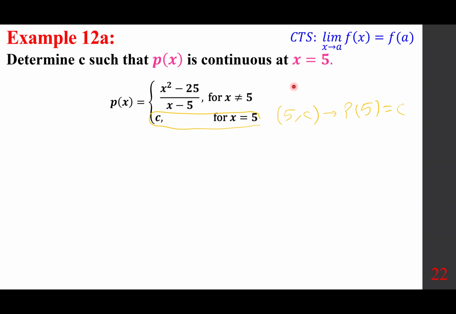Now, because the limit has to be equal to the functional value, this is the functional value. What about the limit? You choose this one because when X is not equal to 5, you have this piece. You're going to take the limit of this function as X approaches 5. And you're going to work on that.